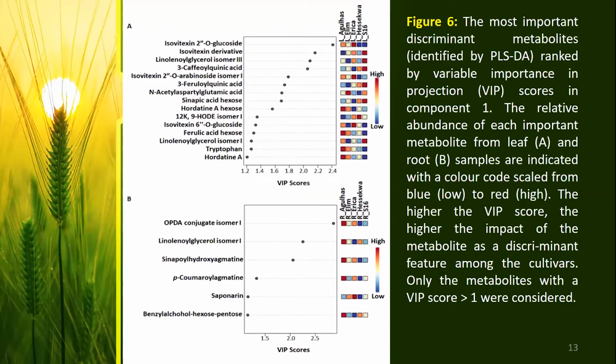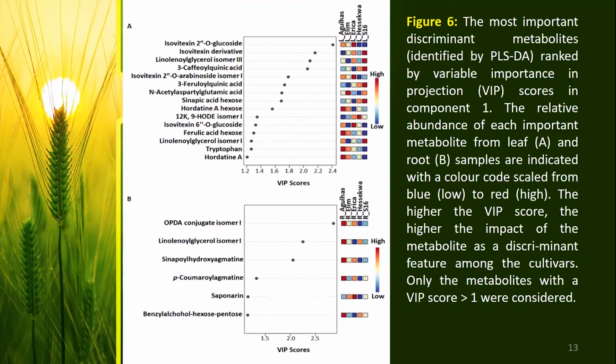As an example, in the leaf extract, tryptophan, ferulic acid, and a hordatin A and its acylated conjugate were more prominent in Agulhas as compared to the rest of the cultivars. Except for an isovitexin derivative higher in S16, Erica had the highest level of all discriminant flavonoids.